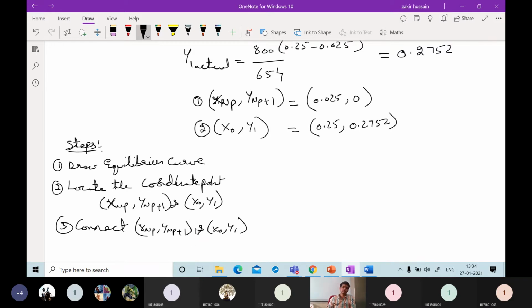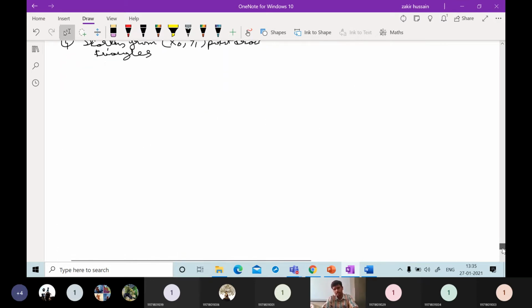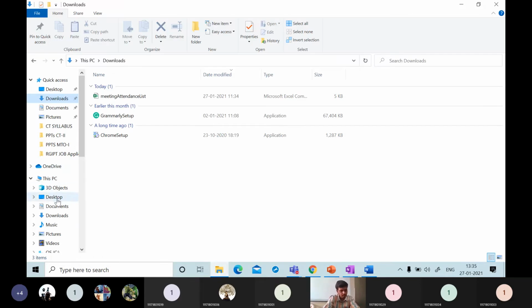Third, connect these two coordinate points. Then, starting from the x naught comma y1 point, draw triangles. Then we can estimate the number of stages required. How to estimate this? I will draw and show that.